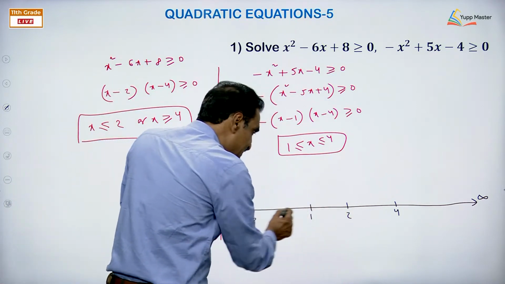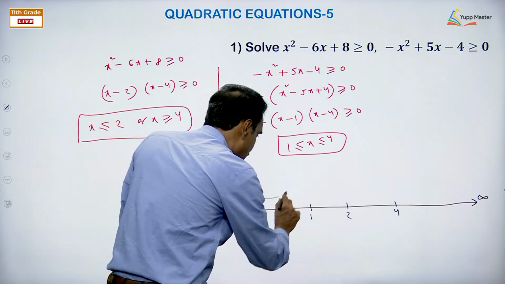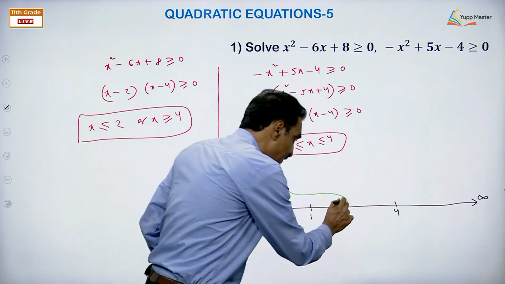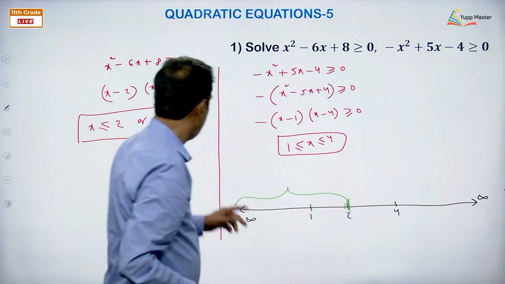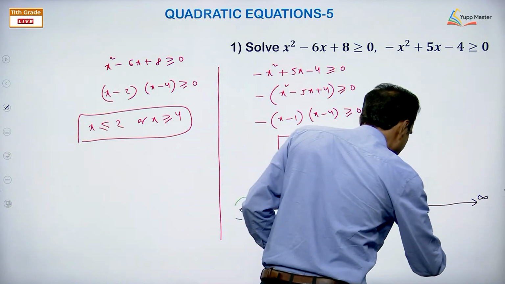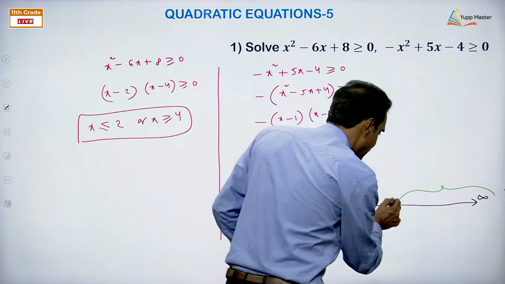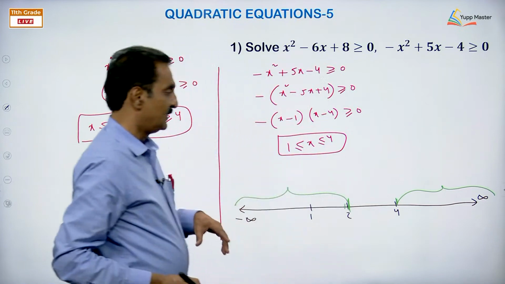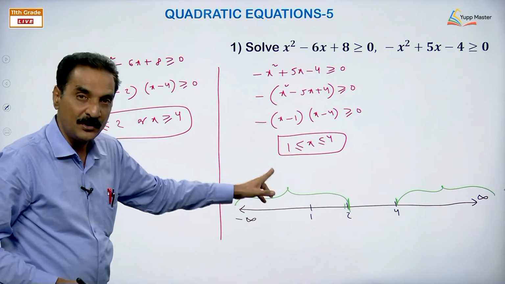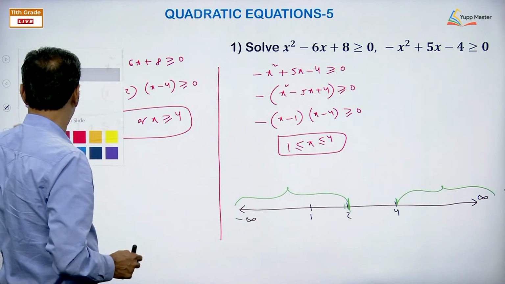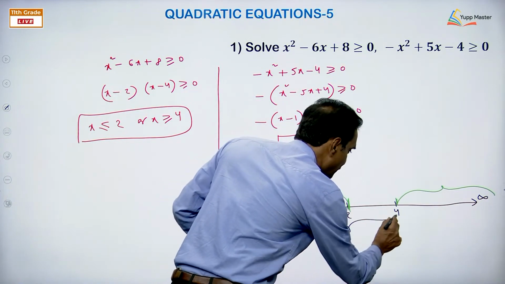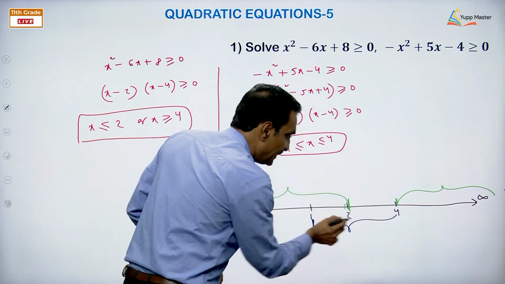Less than or equal to 2 means minus infinity to 2, including 2. Next, or greater than or equal to 4 means 4 to infinity, including 4. Second one, x lies between 1 and 4, including 1 and 4. That interval will be like this, including 1, including 4.